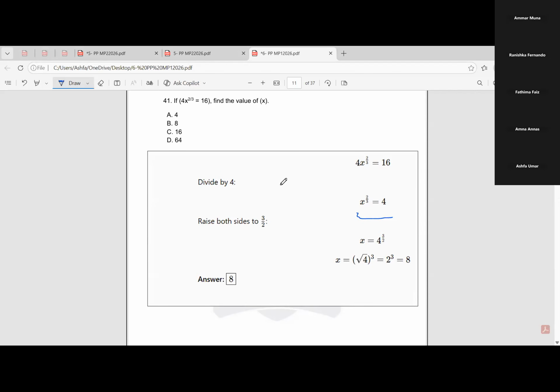From now onwards, we have to solve this by taking the reciprocal of this fractional exponent. The easiest method is to raise both sides to its reciprocal.